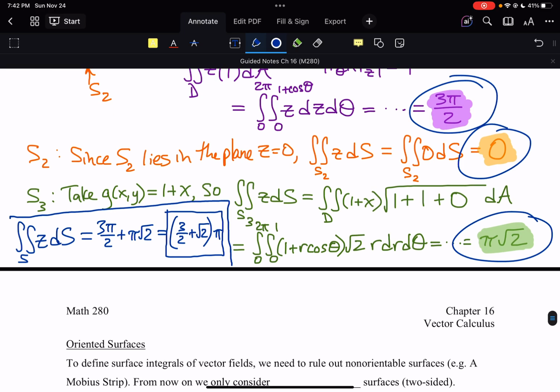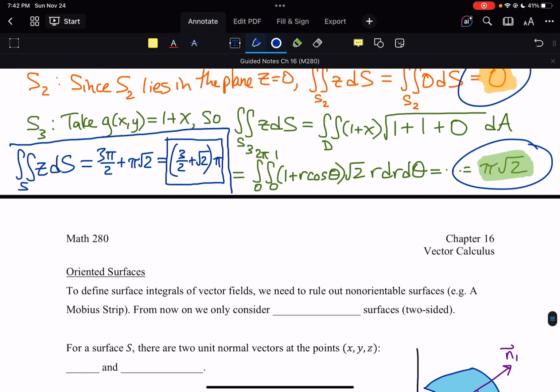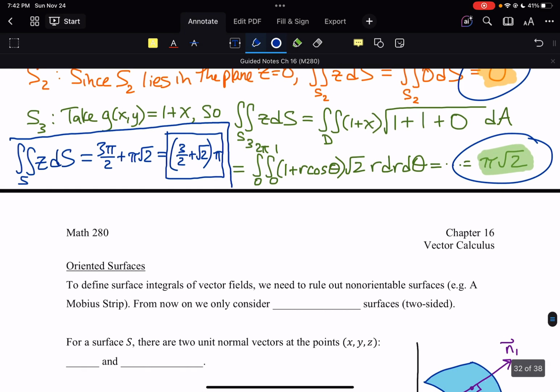So the next thing we need to talk about in this section is the concept of oriented surfaces. To define surface integrals of vector fields, we need to rule out non-orientable surfaces. A non-orientable surface is a surface that does not have distinguishable sides.